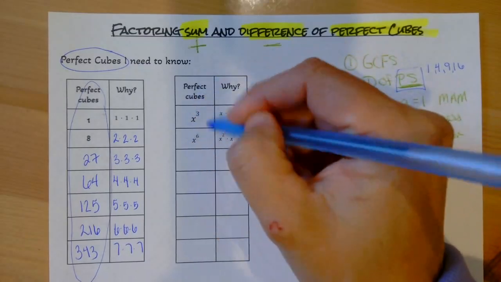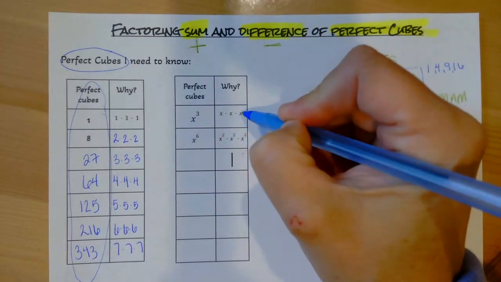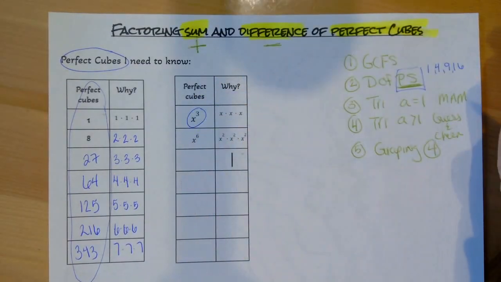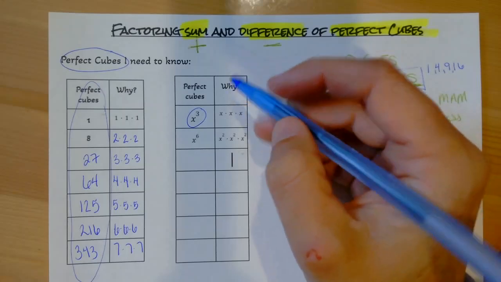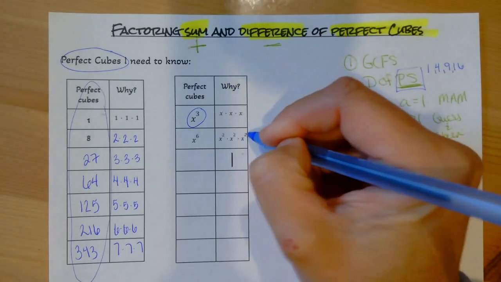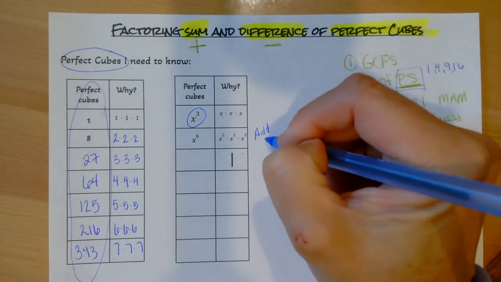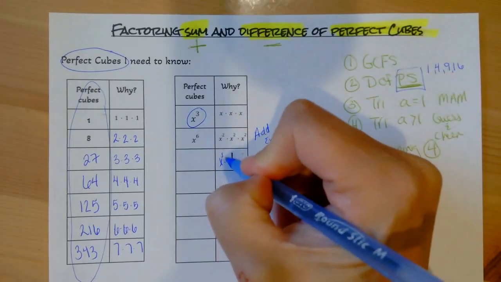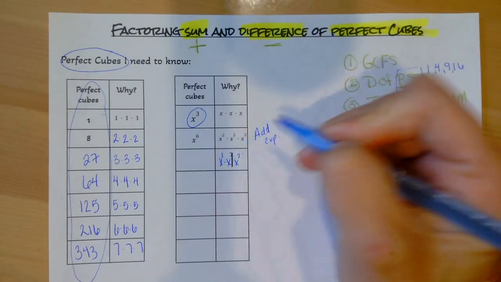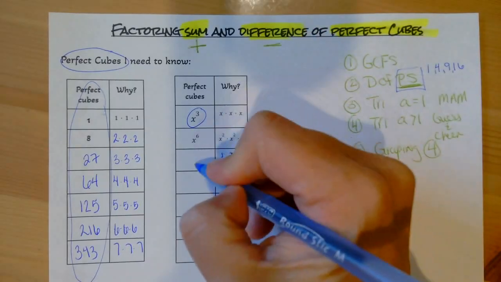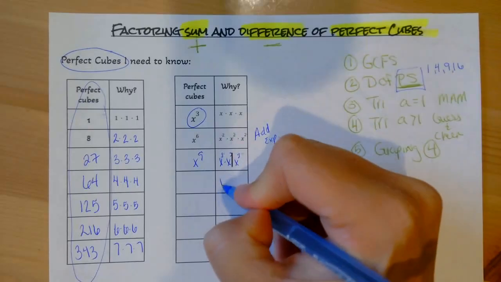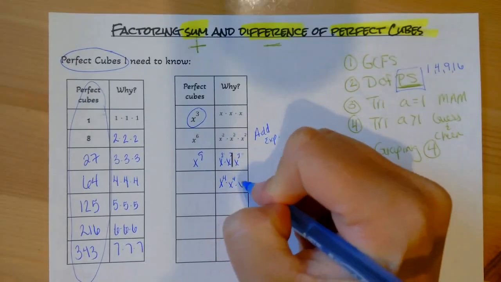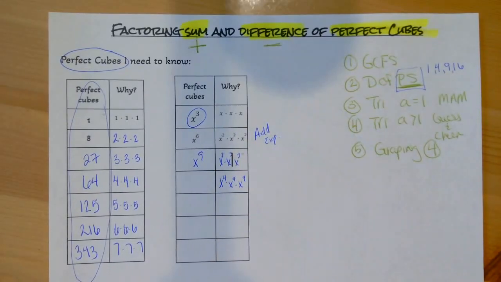Okay, now variables. So x times x times x is x cubed, so x cubed is a perfect cube. X squared times x squared times x squared, remember that you add the exponents when you multiply, so x to the 6th. So if I had x cubed times x cubed times x cubed, 3, 6, 9, x to the 9th. X to the 4th times x to the 4th times x to the 4th.